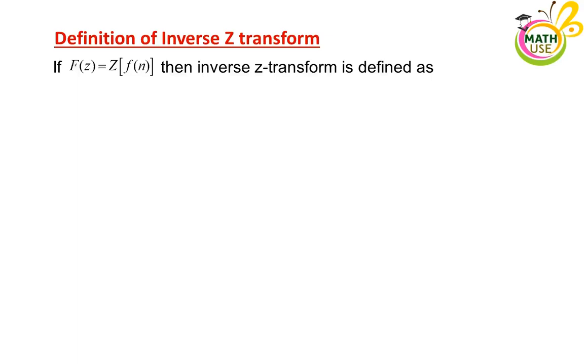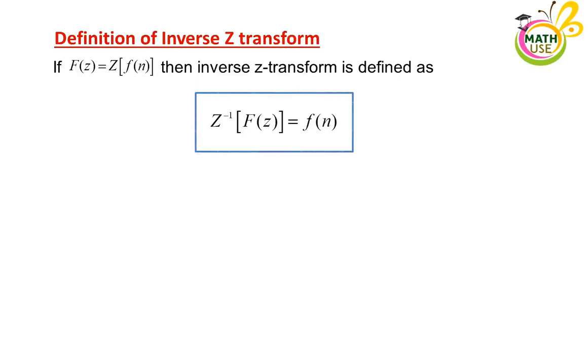It is defined as Z inverse of capital F of z is equal to f of n. It's just by taking that Z transformation to the other side in the Z transform definition, then we will get the inverse Z transform of the given function, right?